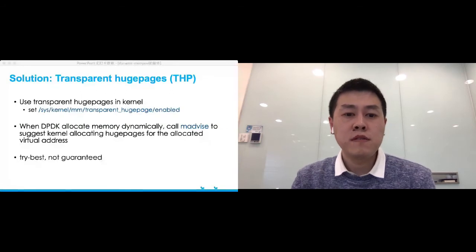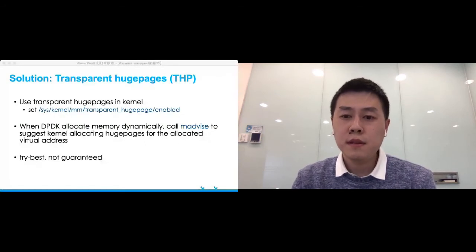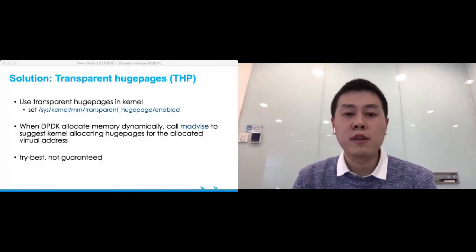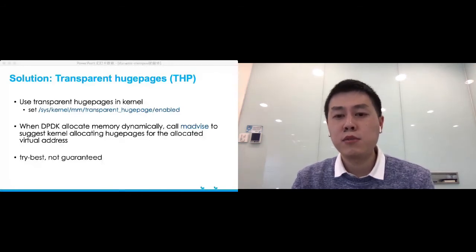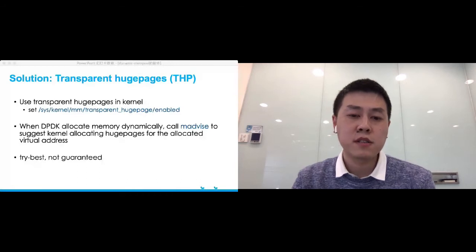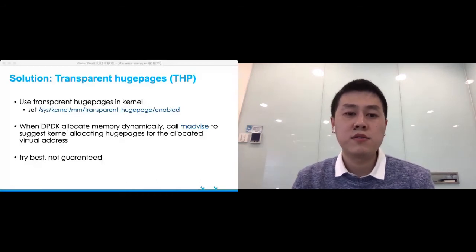So to solve the problems, we use the transparent huge page feature in the Linux kernel. By setting options of transparent huge pages in sysfs, the kernel could allocate huge pages automatically for the application. When DPDK allocates memory dynamically, we add a call to madvise to suggest the kernel allocate huge pages for the allocated virtual address.